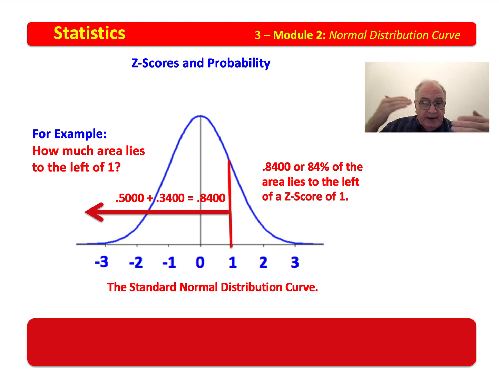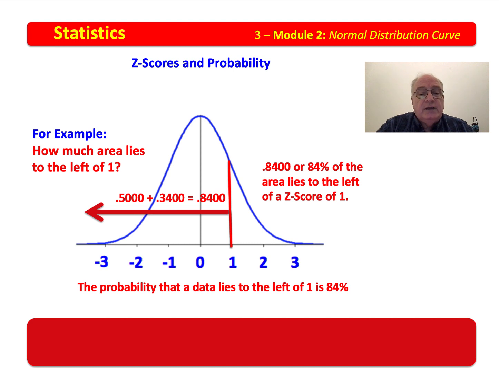I want you to see how I'm thinking about this. We identified and captured an area under the curve. We know what its decimal value is, and we can convert a decimal to a percent. We can also say that the probability that a random data point lies to the left of 1 is 84%.